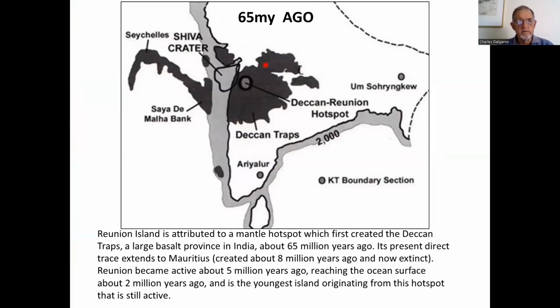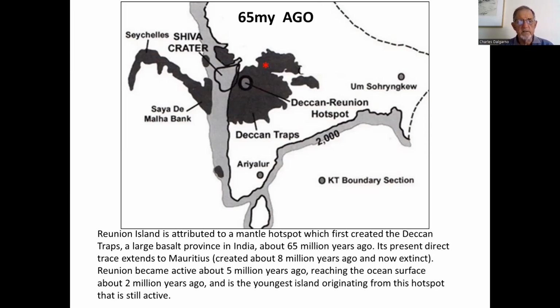So here is India 65 million years ago, if you wish, 66 million years ago. And you'll notice how this black area is the enormous spread of volcanics of the Deccan Traps, with a Réunion hotspot marked in there, a large crater, the Shiva crater, presumably of volcanic origin, and the separated Seychelles island group, which is continental crust, separated from India and possibly also Madagascar.